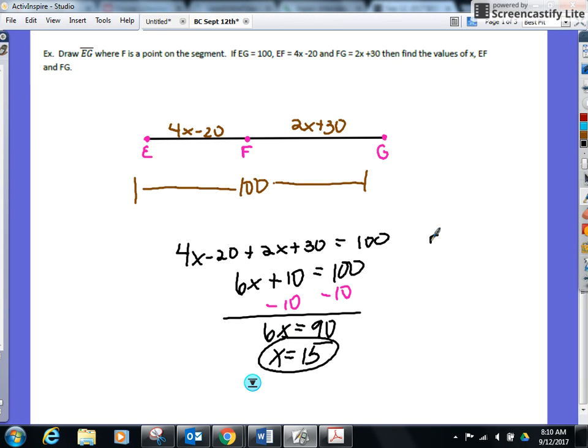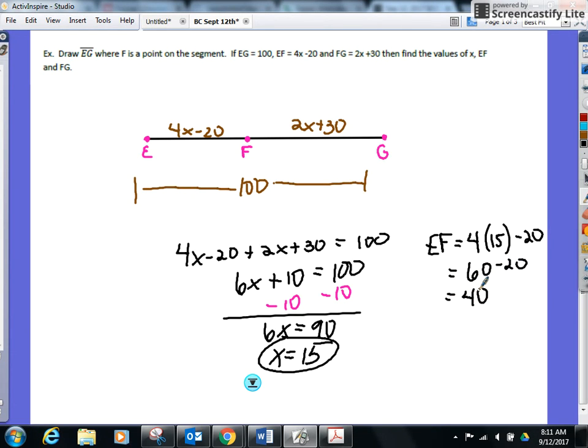All right. A plan to find EF? Plug and chug, right? I got 4x minus 20, so where I see an x, I'll plug in 15, minus 20. So EF will be 40.